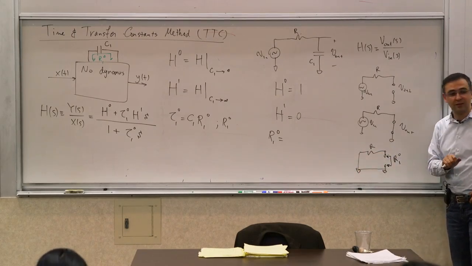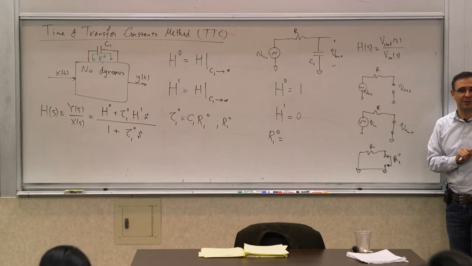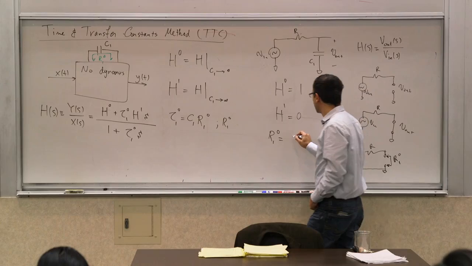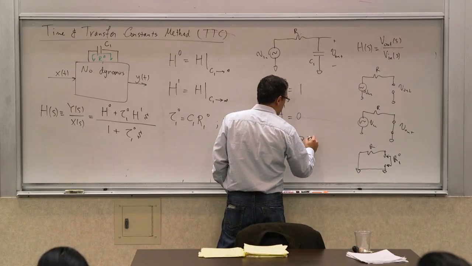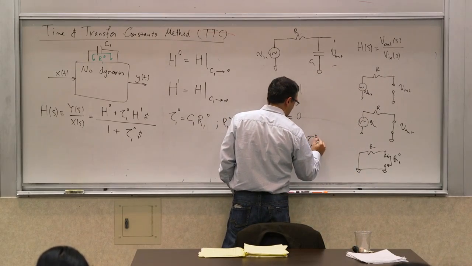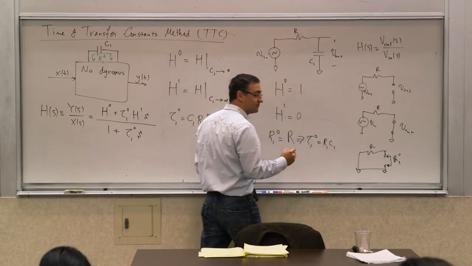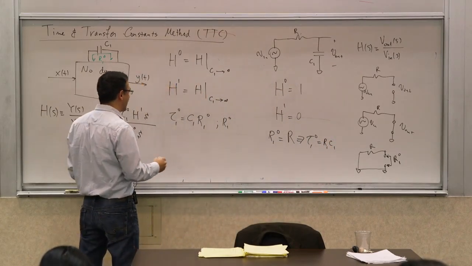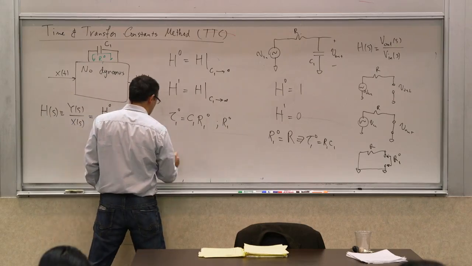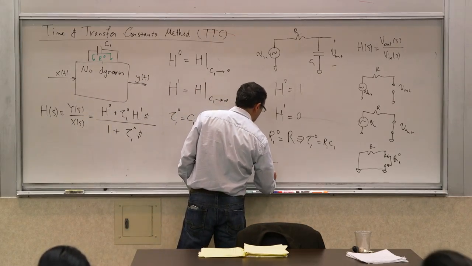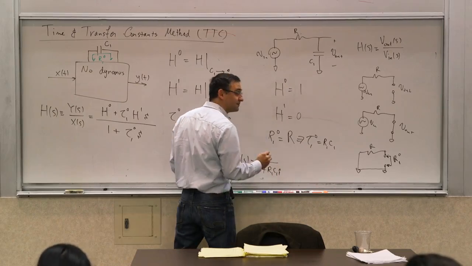You can connect these two if it helps you. What is the resistance? R, right? So it's R. Therefore, tau10 is going to be R1C1. So you already have the transfer function. You just plug it into this, and that gives you H of S is 1 over 1 plus R1C1S.